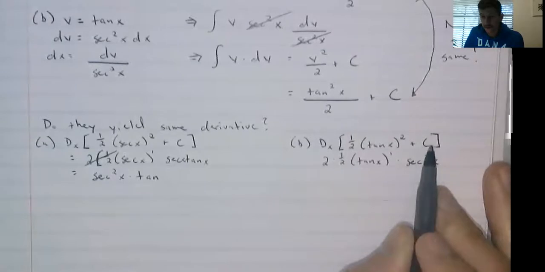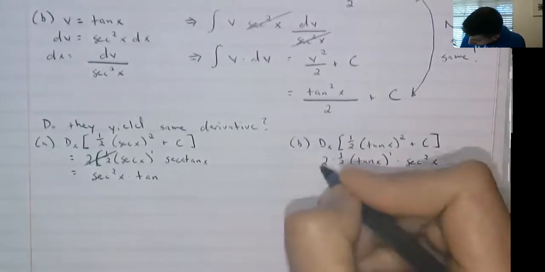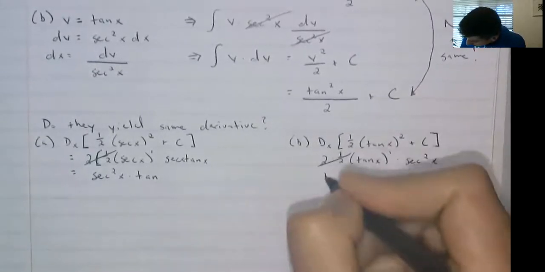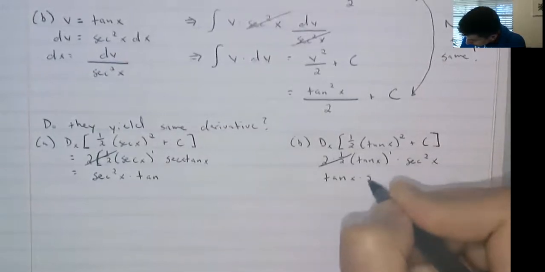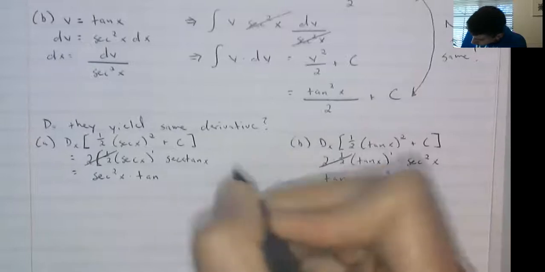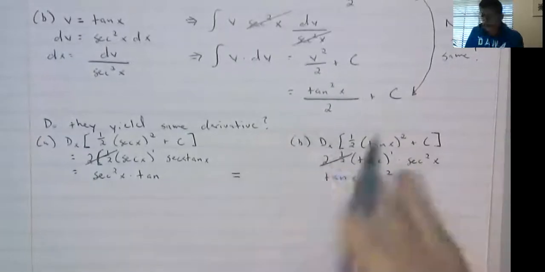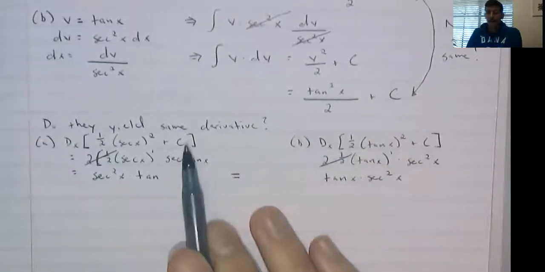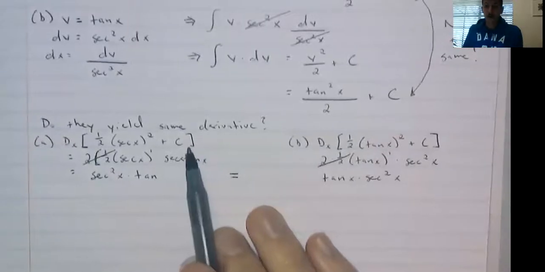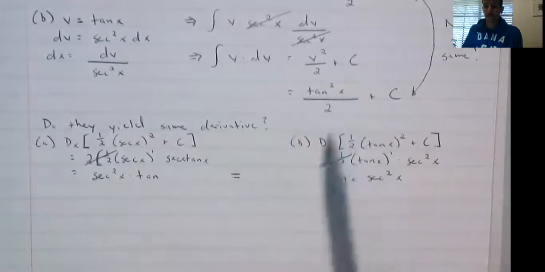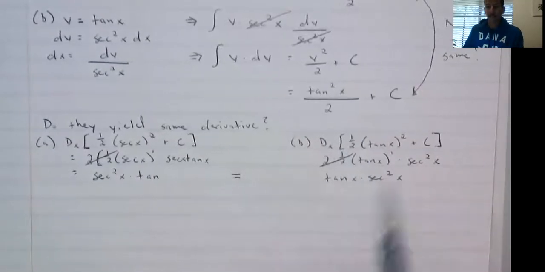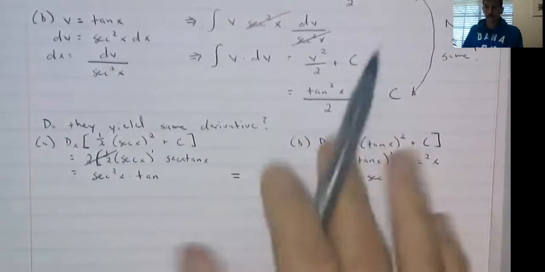The derivative of c is 0. The 2 and the 1/2 cancel, and we end up with tangent x times secant squared x. So even though these two antiderivatives are different, they yield the same derivative, and so they both act as valid antiderivatives to our starting expression up here.